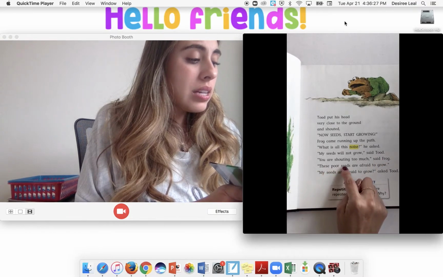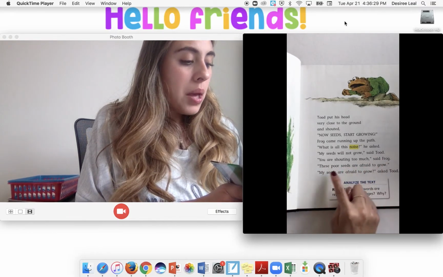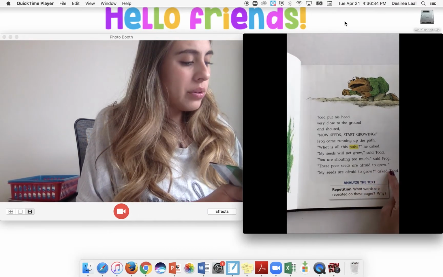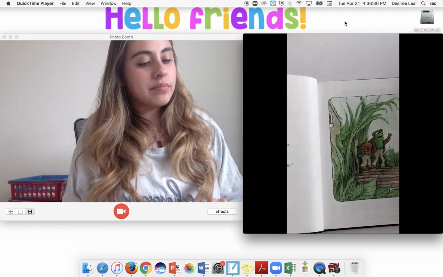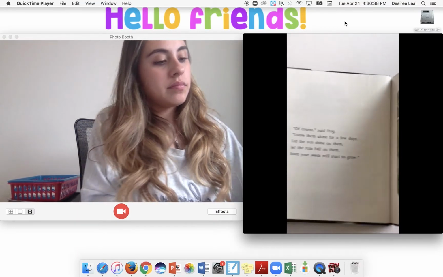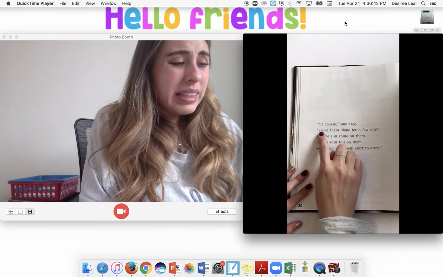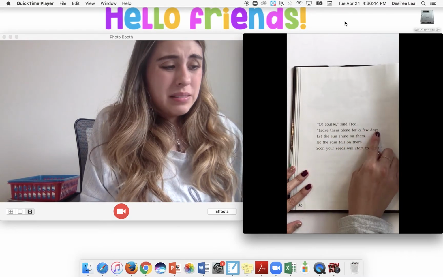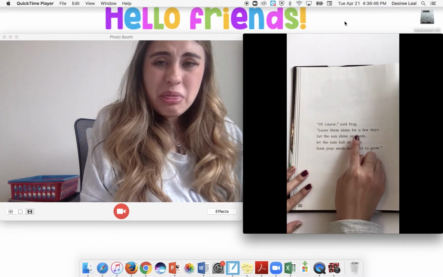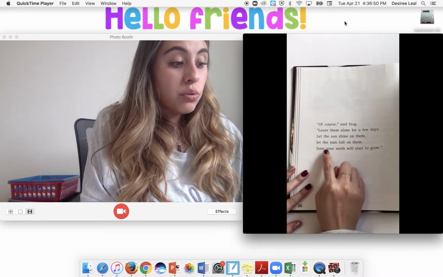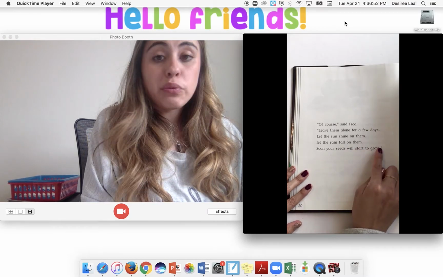"These poor seeds are afraid to grow." "My seeds are afraid to grow?" asked Toad. "Of course," said Frog. "Leave them alone for a few days. Let the sun shine on them. Let the rain fall on them. Soon your seeds will start to grow."